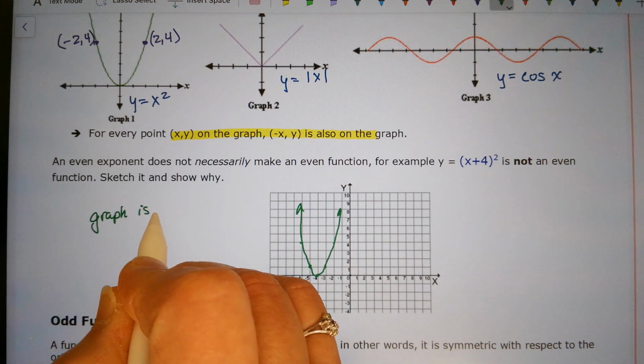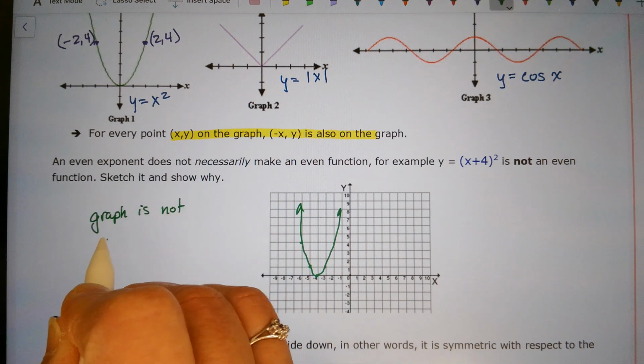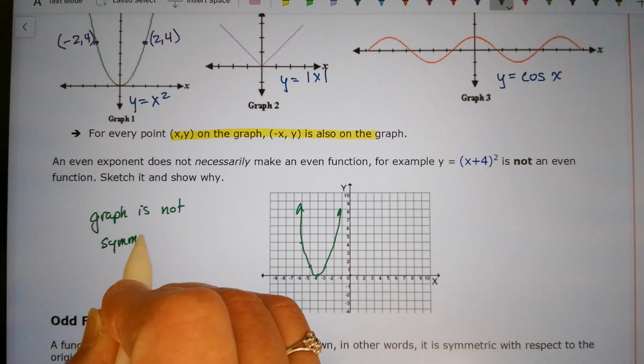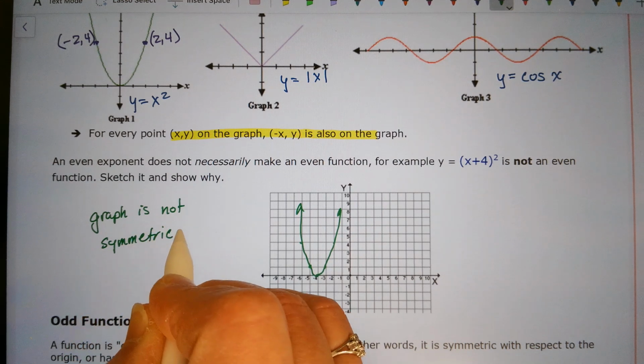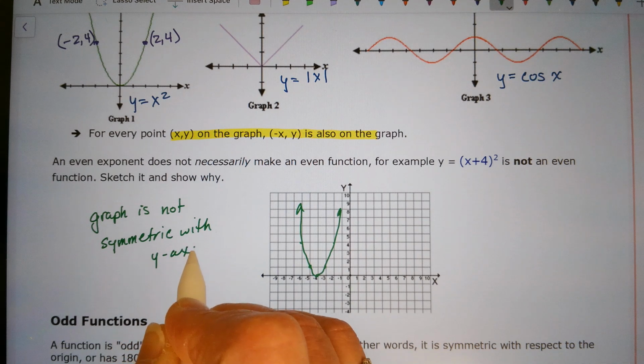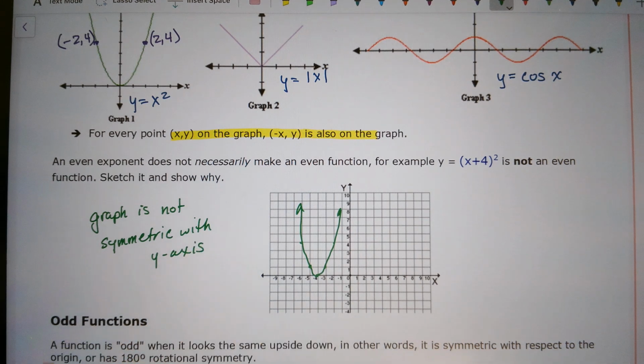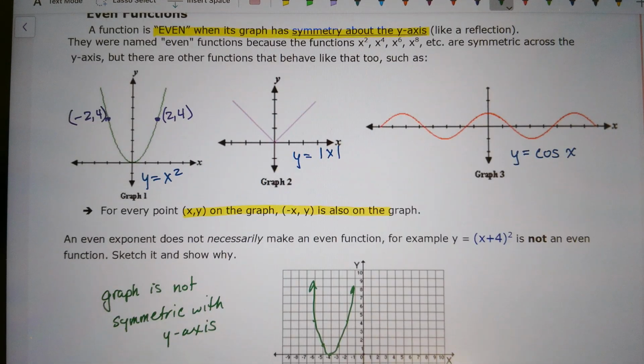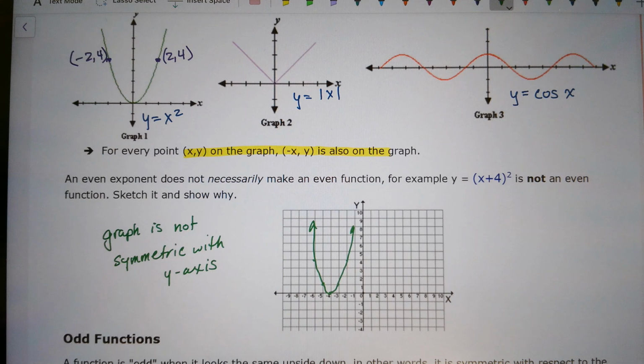This graph is not symmetric with the y-axis. The y-axis would act as a mirror image between the two halves of your graph.